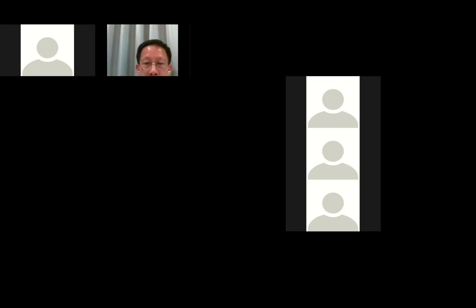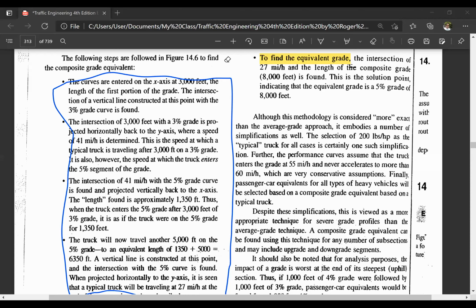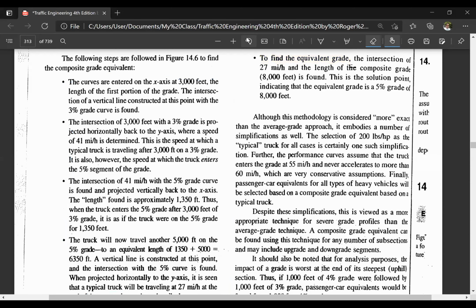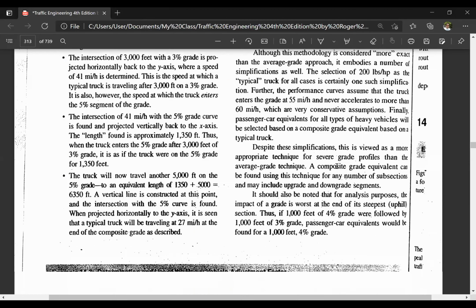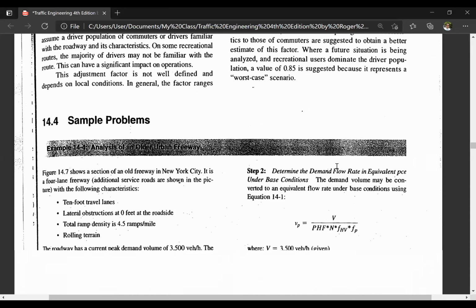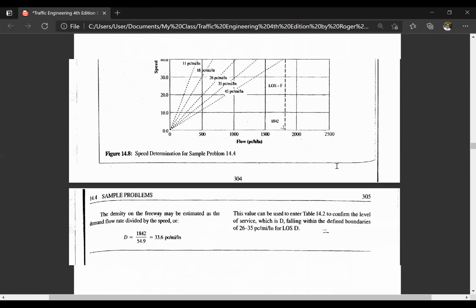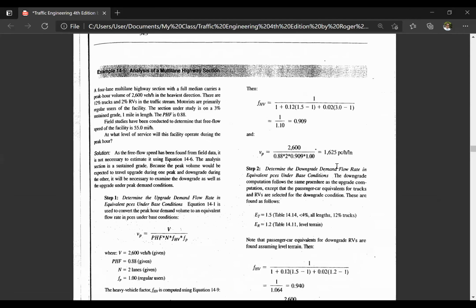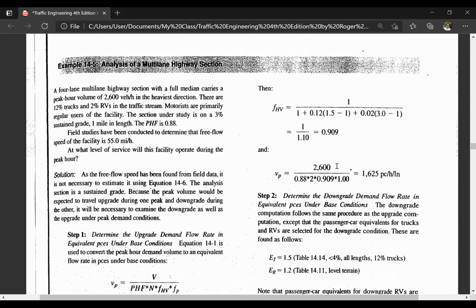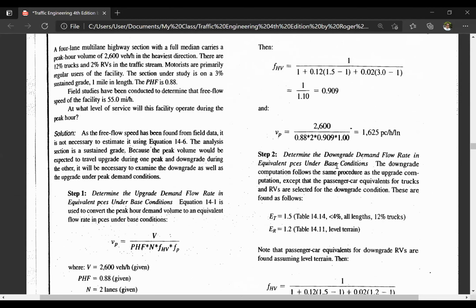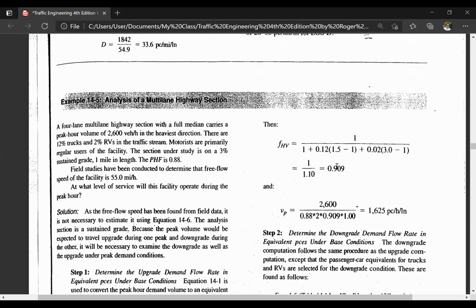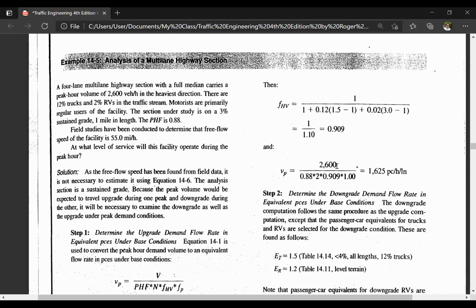Let's go back to the another example of great impact, on this page, example 14.5.